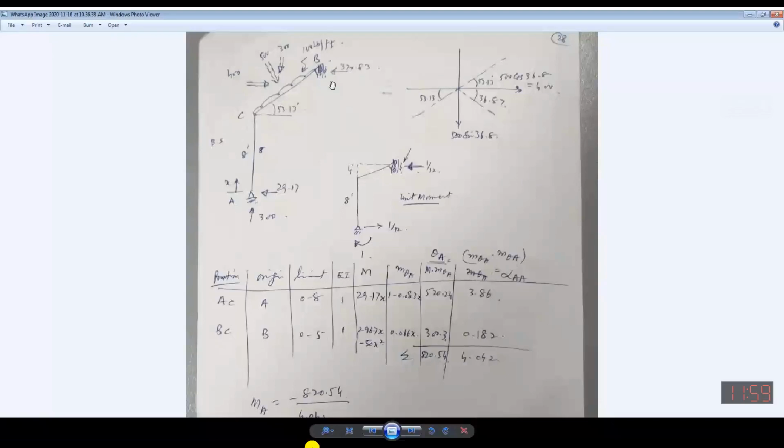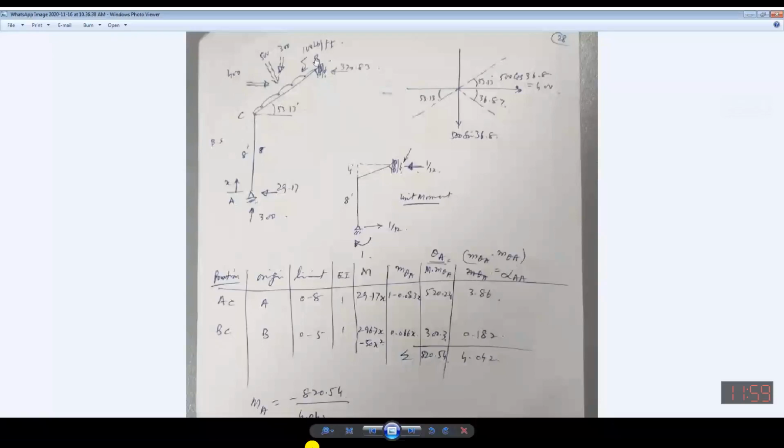Moment is force into perpendicular distance. It is not giving any perpendicular distance to this one. Is there anything perpendicular to this? No. So the 370 will have to be resolved along the local axis and along the global axis. Then the part of the 370 which will be acting in this direction is perpendicular to this one, and it will give you the moment.